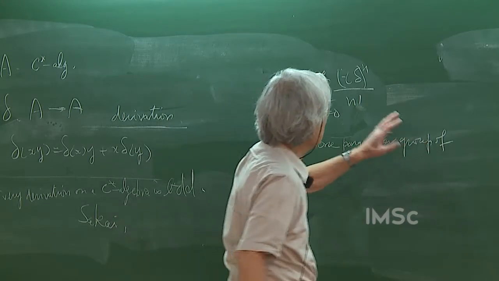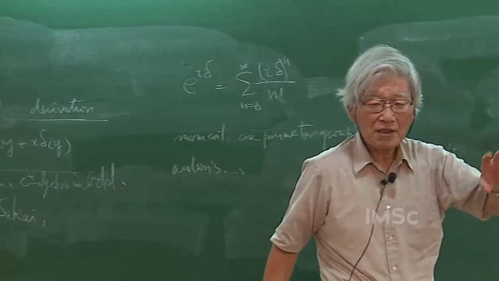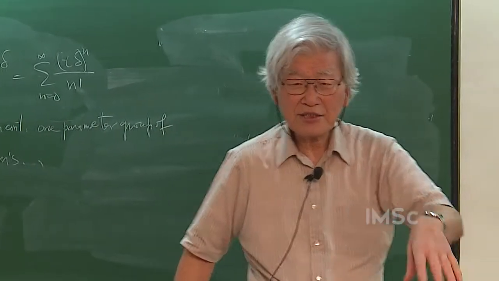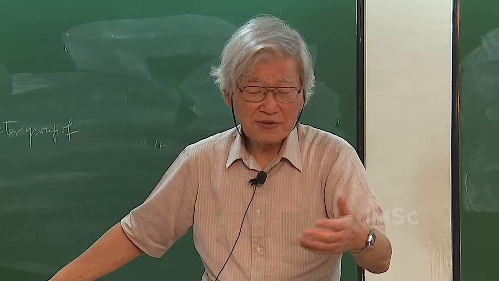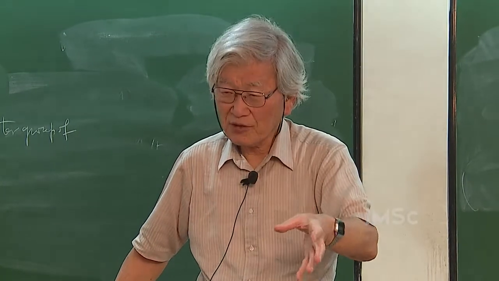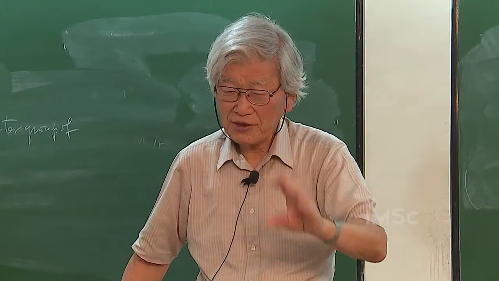Okay, of course, if you don't assume anything about delta, you don't expect this one parameter automorphism group to be star automorphisms, not necessarily star.